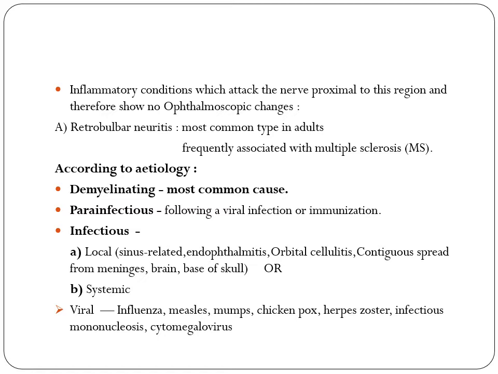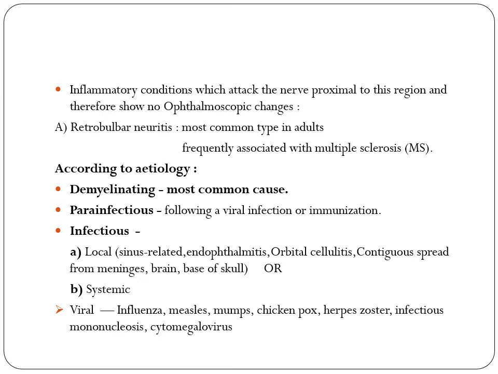Contiguous spread from the meninges, meningitis, or the brain, encephalitis, or the base of the skull can also cause optic neuritis. Or the infections may be systemic, but they will cause optic neuritis.